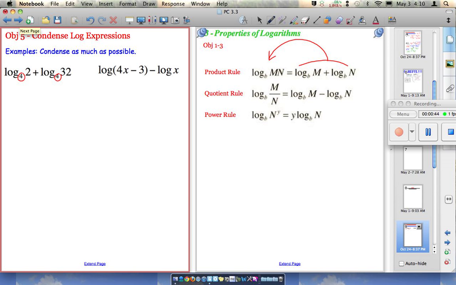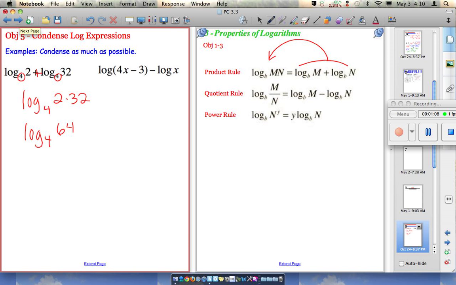So since it was plus, it's still going to be log base 4. Since it was plus, it's going to be the product of 2 times 32. And so that's really log base 4 of 64. By condensing like this, we're able to see that log base 4 of 64, we actually know the value of that.